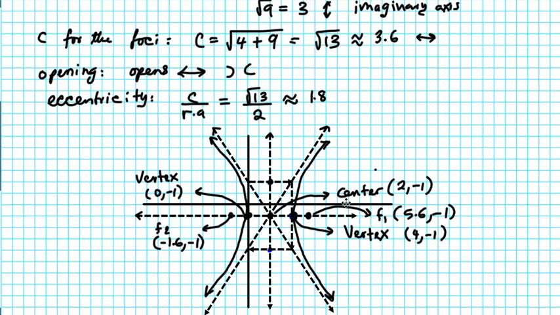Okay, all right, now let's label the asymptotes. Well, let's label the axes first. This right here is known as your conjugate or imaginary axis.